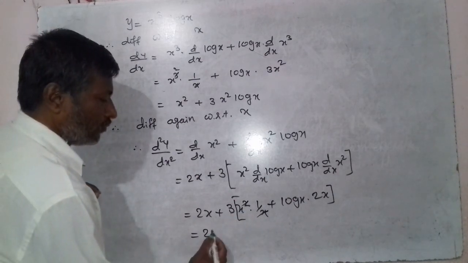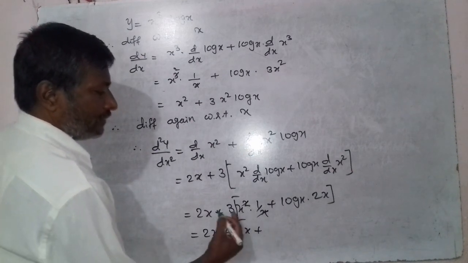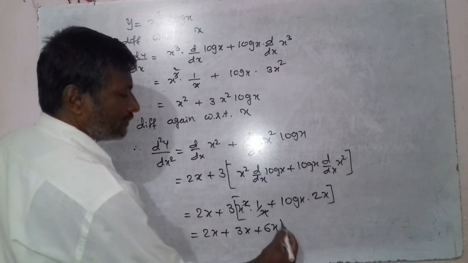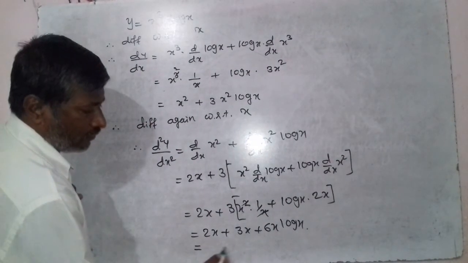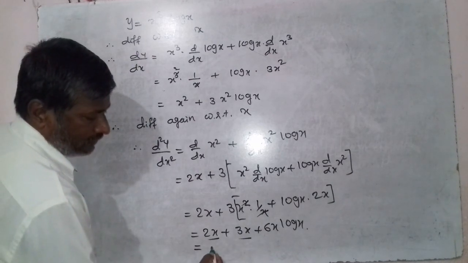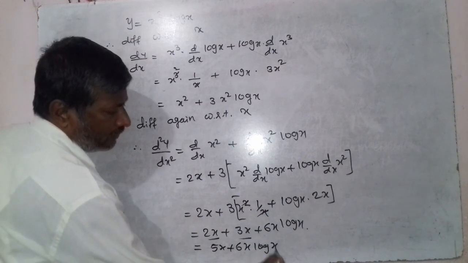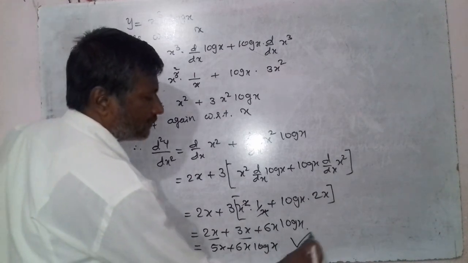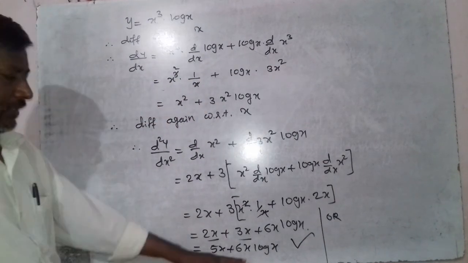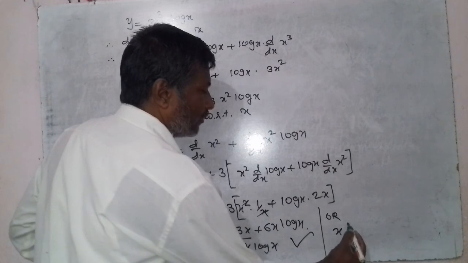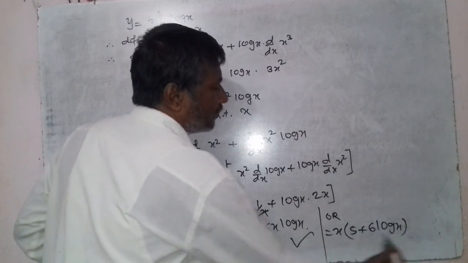This equals 2x plus 3x plus 3 into 2x log x, that is 6x log x, is the answer. This equals 3x plus 2x, 5x plus 6x log x. So this much is sufficient. Or take x common here: x into bracket 5 plus 6 log x.